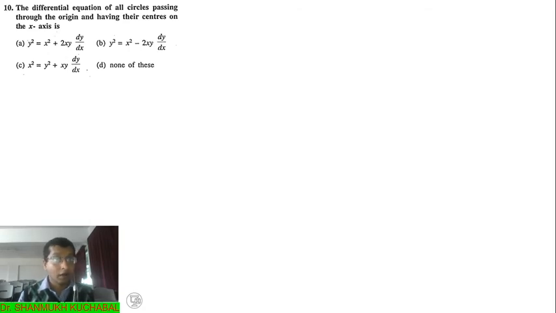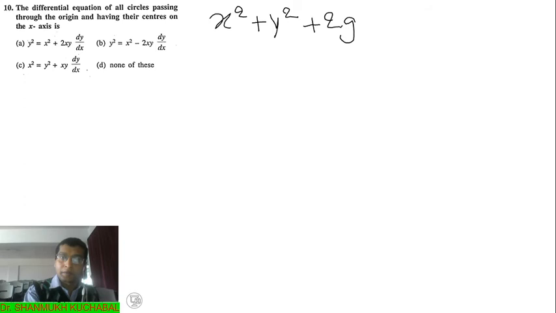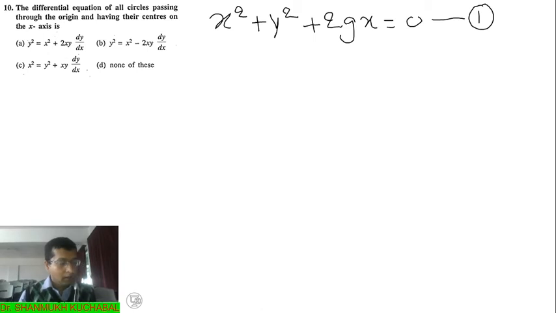So the equation of a circle passing through the origin is given by the formula, you have to remember this formula: x square plus y square plus 2gx equal to 0. This is the equation of a family of circles passing through the origin 0, 0 and having centers on the x-axis. So I call it equation number 1. Further we will differentiate.